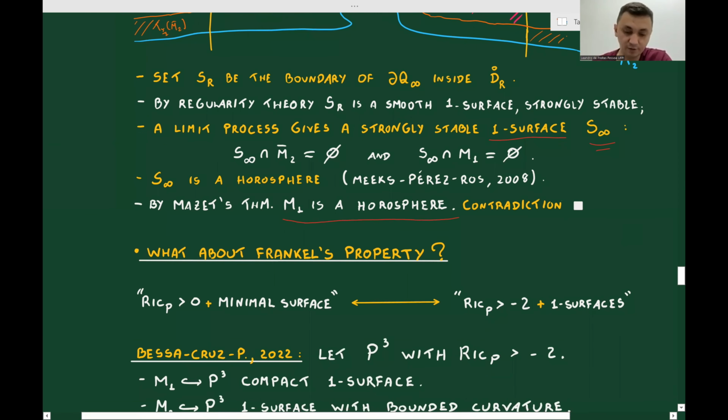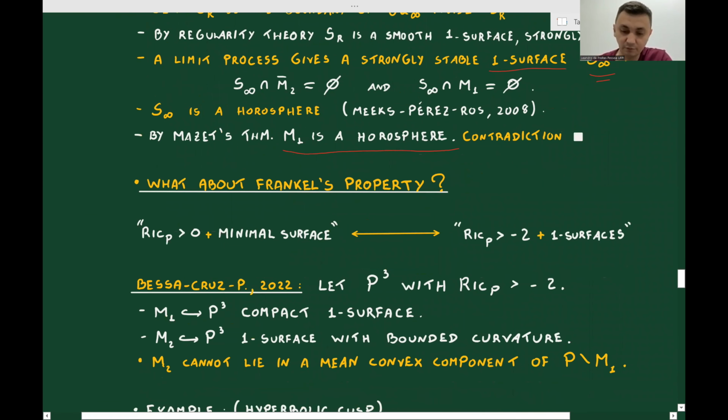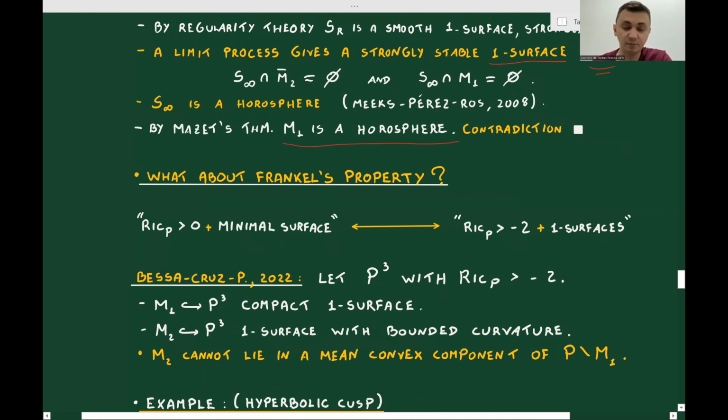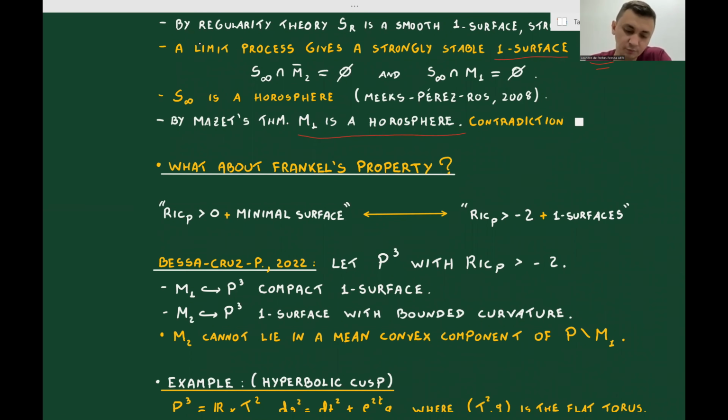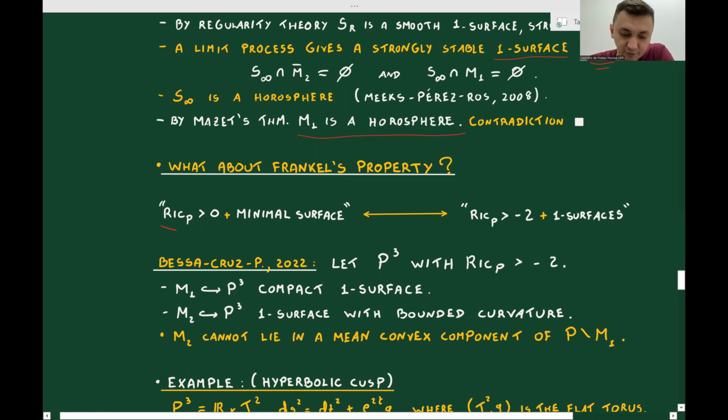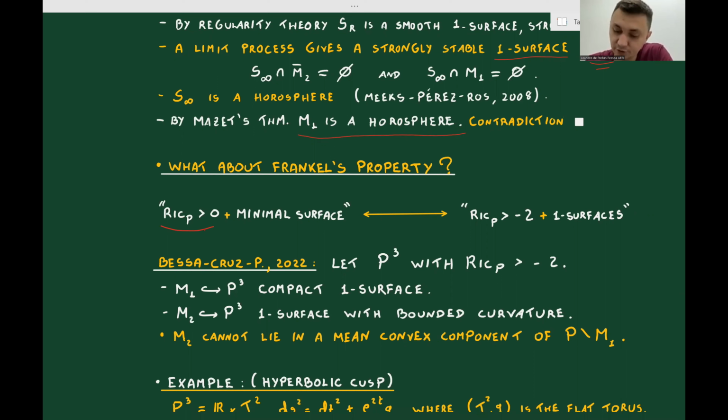Of course, for some details, you can read the paper, which is available on arXiv. Now, what about Frankel's property in this context of hyperbolic geometry? Just to remember, for minimal surfaces, we considered before Frankel's property for minimal surfaces immersed in a manifold with strictly positive Ricci curvature.